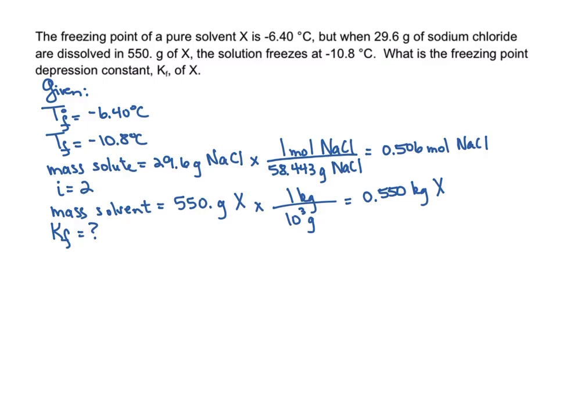For my freezing point depression calculations, I do need the freezing point depression, and I'm going to use this formula. So delta T is equal to my pure freezing point minus my solution freezing point.